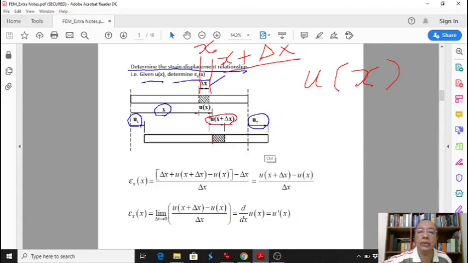This is the original element before deformation. After deformation, this side goes to u of x, and the other side goes to here, so the displacement here is u of x plus delta x.